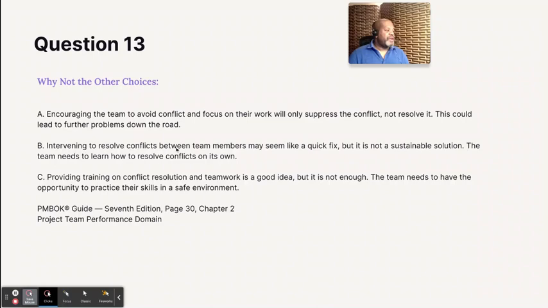Intervening to resolve conflicts between team members may seem like a quick fix, but it is not sustainable. Providing training on conflict resolution and teamwork is a good idea, but it is not good enough. There you have it, my friends. All right, let's move on.